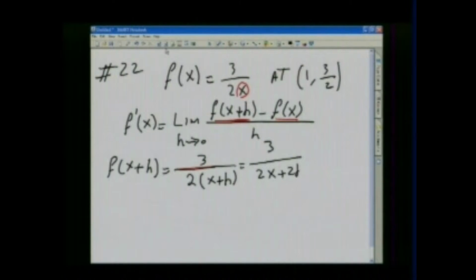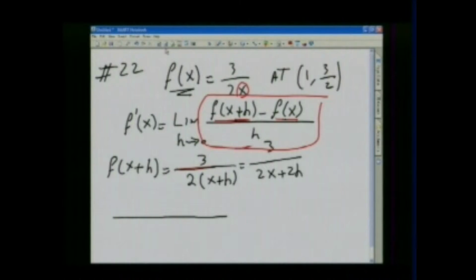That is this part. f of x is the function itself. So what I have to evaluate is this part here.